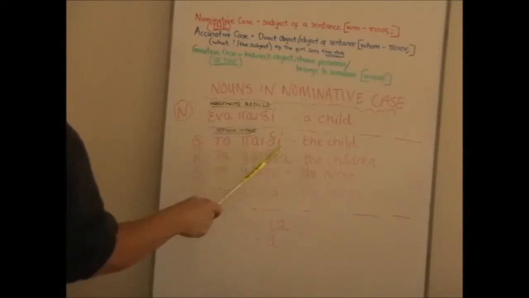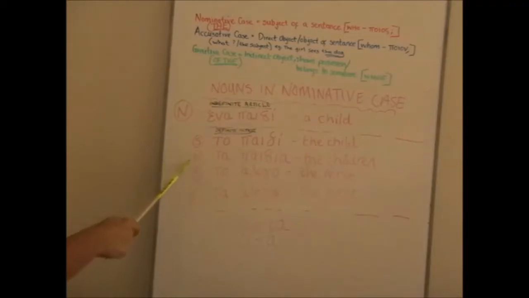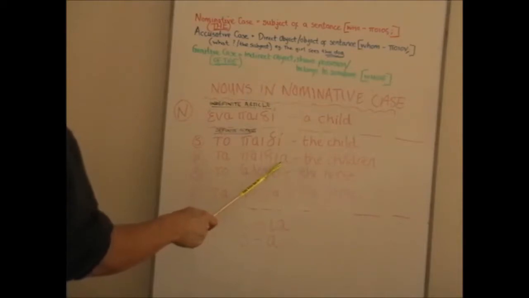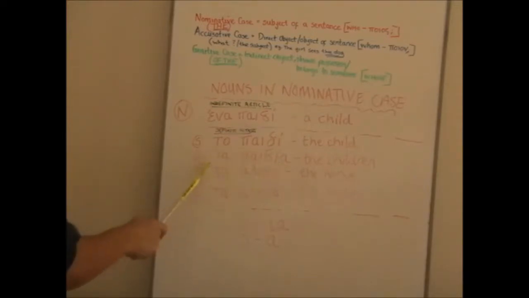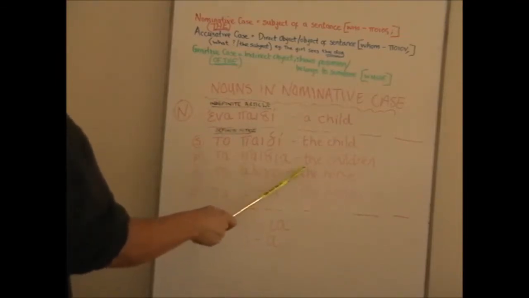Το παιδί, the child. And in plural, to changes to ta. And if a word finishes with i, we put a on the end. So i becomes i-a when you're spelling it. So for the plural, we say τα παιδιά, the children.